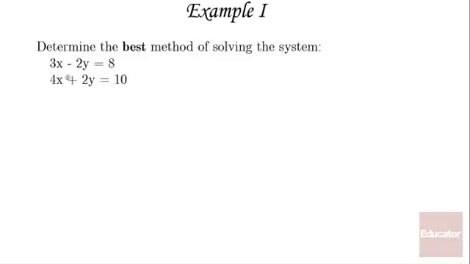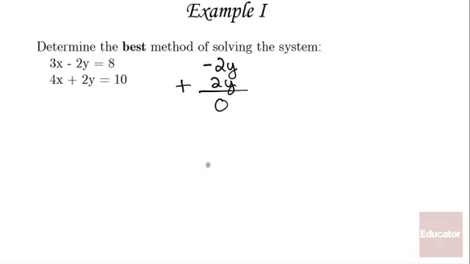So I look at what I've got, and it's 3x minus 2y equals 8, 4x plus 2y equals 10. When I look at this, I notice that negative 2y in the first equation and 2y in the second equation have opposites for coefficients. So when I add those together, the y will drop out.